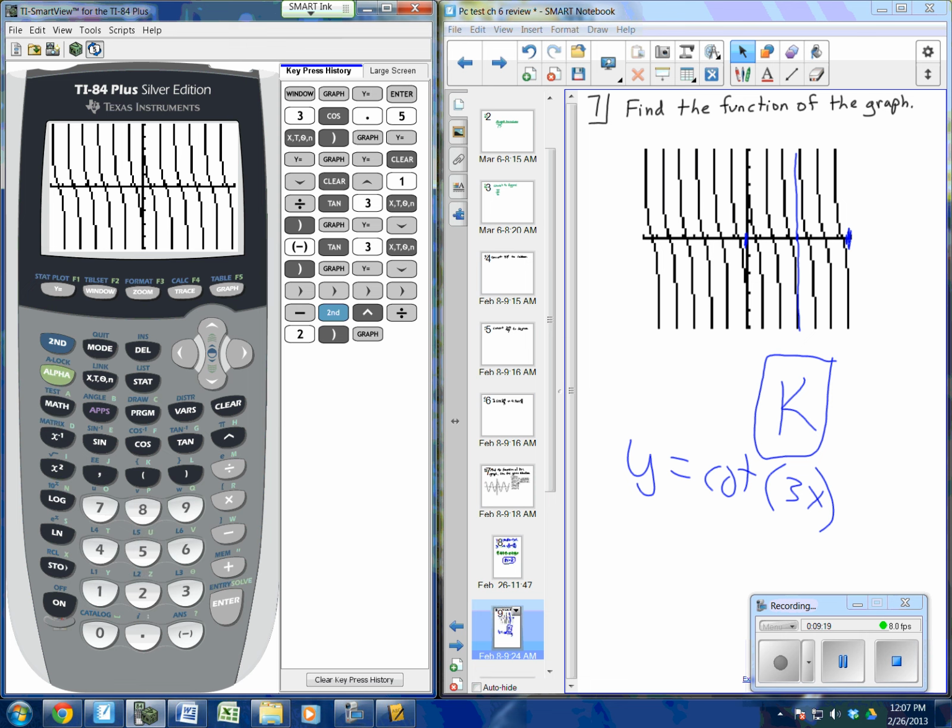Remember, right here, you guys, 4 tick marks over would equal pi, because this is 0, this is 2 pi, so this is 1/4 pi, 2/4 pi, 3/4 pi, 4/4 pi, which is pi, right there. Got it? Halfway over is pi.